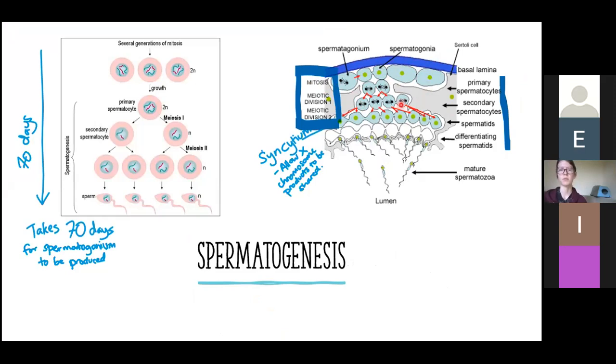And then they will undergo meiosis 2, and then you get your spermatids. So they're all in a row, and they've got that syncytium at the moment, so they're all still connected and sharing those products, so they can all survive. And then once they've differentiated, that means you've chopped off the connecting parts of the syncytium, and you get mature spermatozoa in the lumen. And FYI, fun fact, it takes 70 days for a spermatogonium to produce sperm. It's a little interesting fact there.